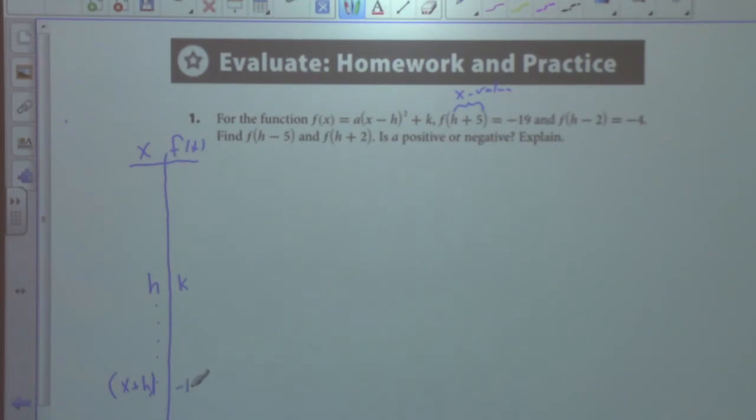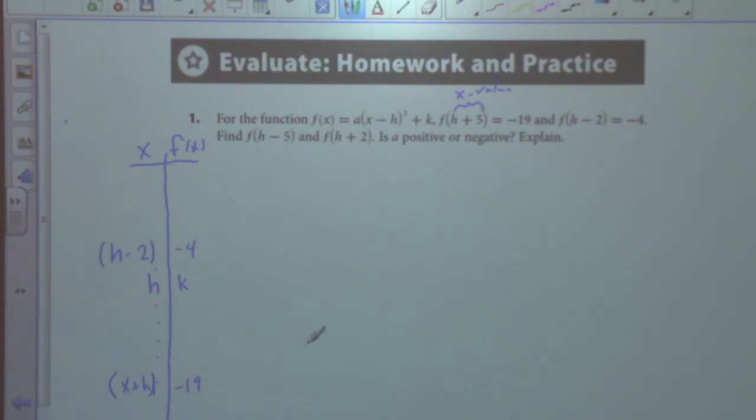Negative 19. And we don't know what h is again. If we go to h minus 2, so we put h minus 2 over here, what is our output value? Negative 4. Does that help you see what's going on here?